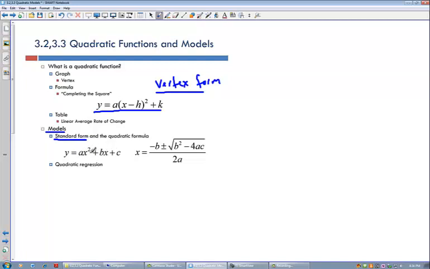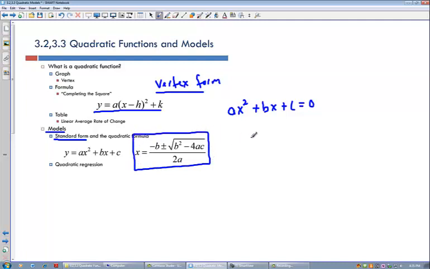We often use this form if we want to find the roots. If you have a parabola and you want to find its roots, which means finding the x values that you would plug in and get back 0, then we'd use the quadratic formula to find x. It's one way to do it.